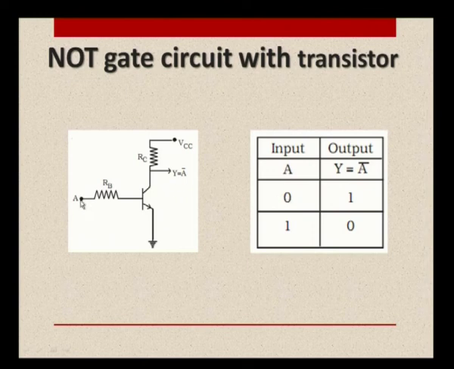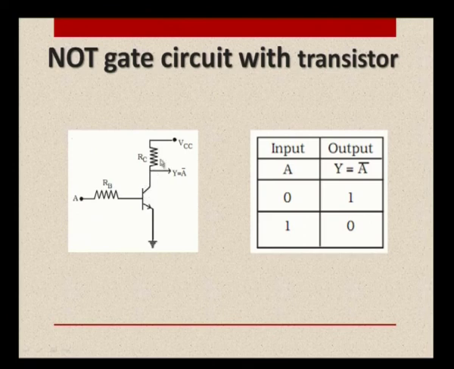When we give 0, the base collector junction, because this collector is an N type material and the base is a P type material, is reverse biased. So, it will not conduct.